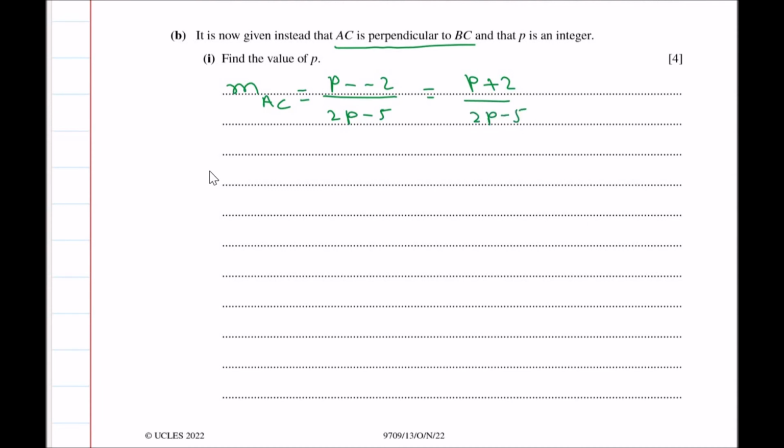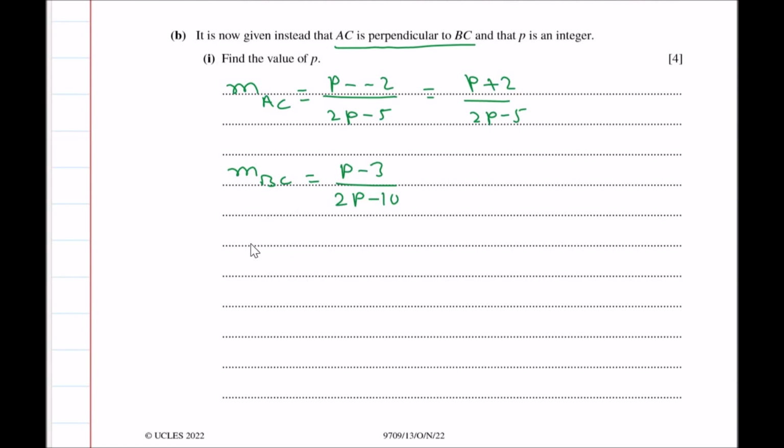Okay, now M BC. So this time we will take points B and C and apply the formula. So we get (p minus 3) divided by (2p minus 10). We are applying the gradient formula on the points given here. Okay, so we got this.